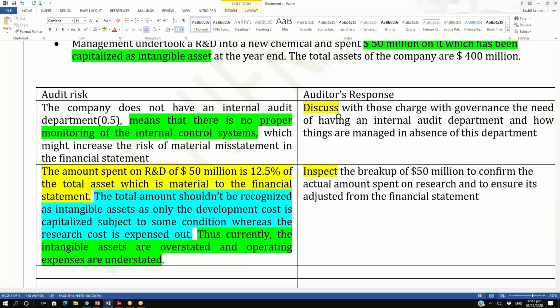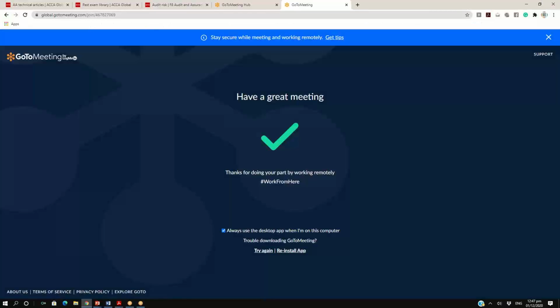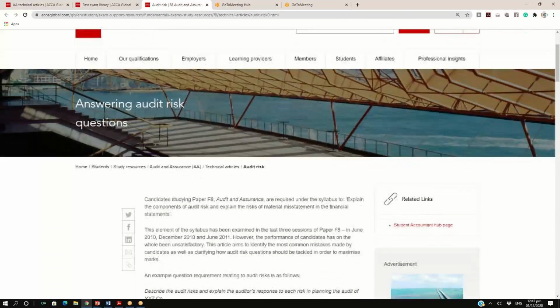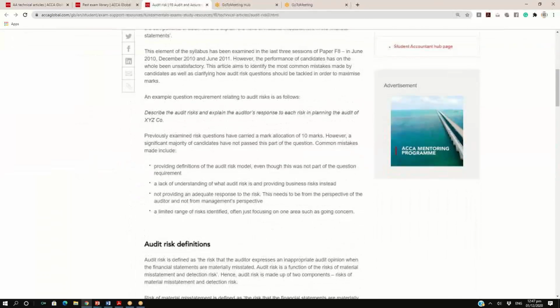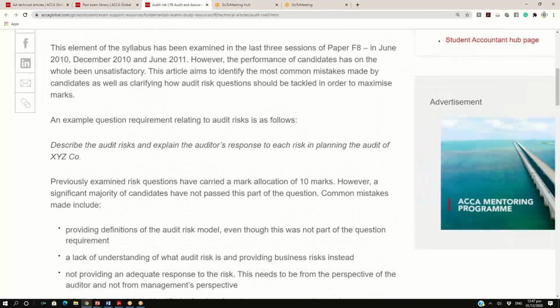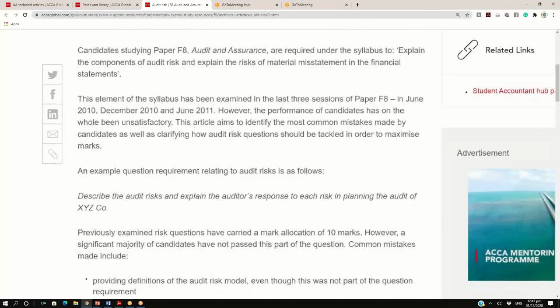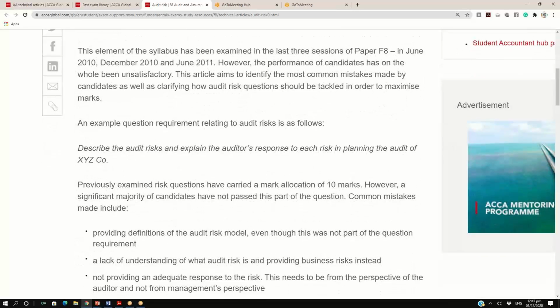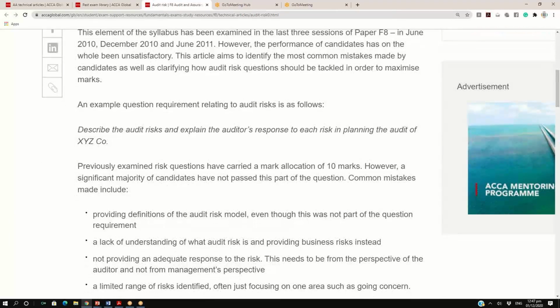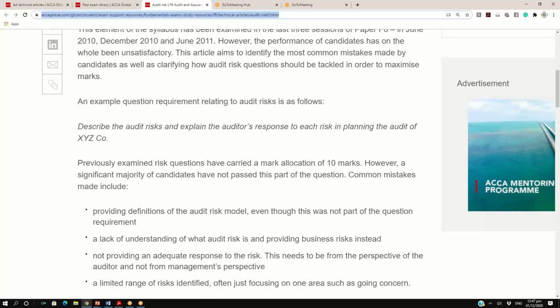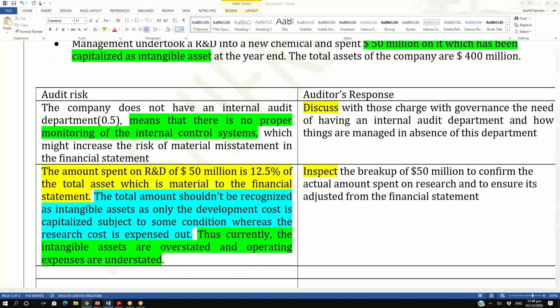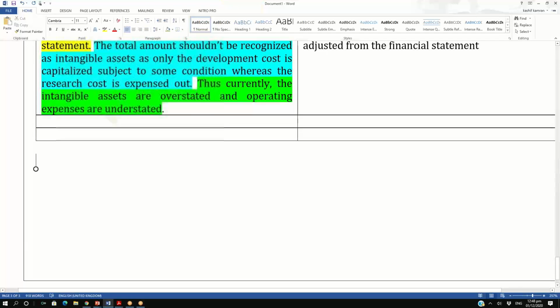One more guidance on audit risk. There is a very good guidance given by ACCA on audit risk right over here. The examiner tells you very carefully in this approach how you should write an audit risk in a very proper manner. I'm just copying this link from here and pasting it on my Word file right over here.